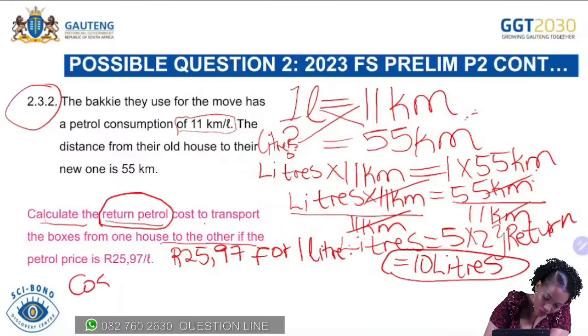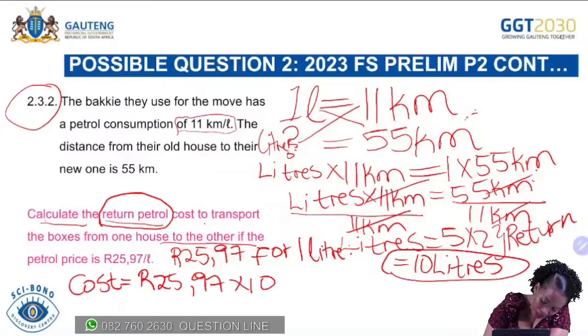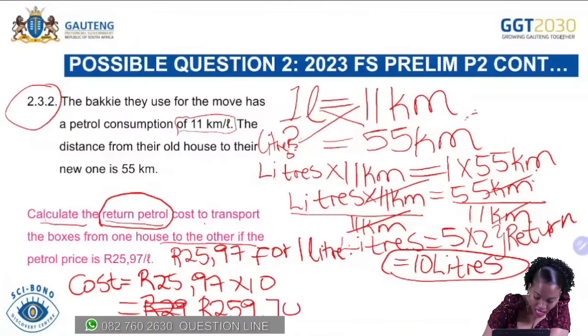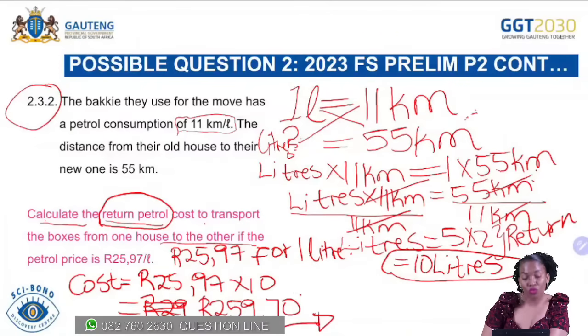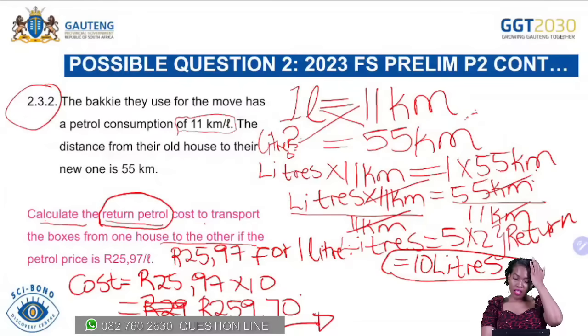The cost for 10 liters would be 25 Rand 97 multiplied by 10, which you punch in your calculator, and it will be 259 Rand 70 cents. So this will be the total cost if we consider a return trip, as they are moving items from one house to the other.